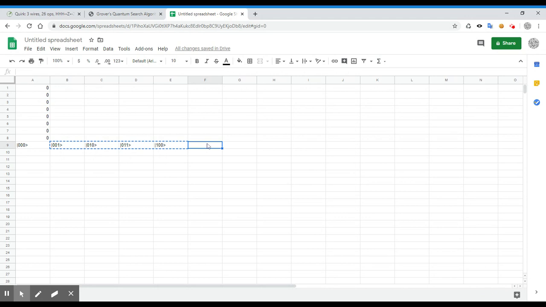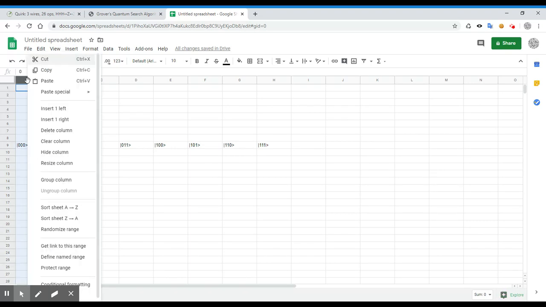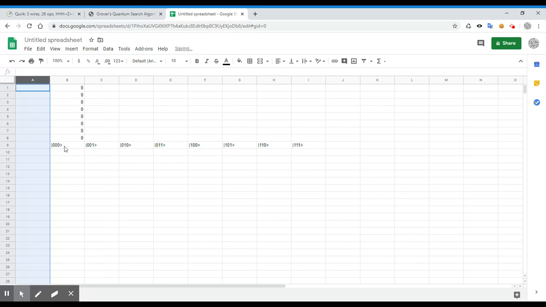I can copy those over and add these. Now I have 3, 6, 7, 8. Cool. But now basically insert one left, one right, one left.